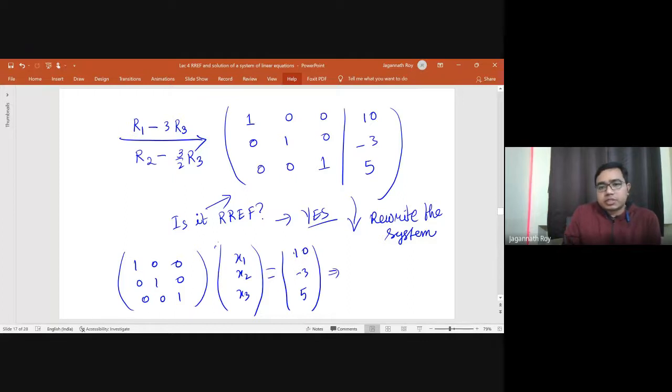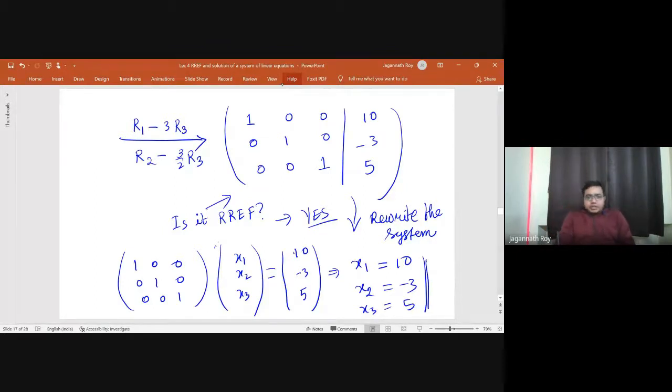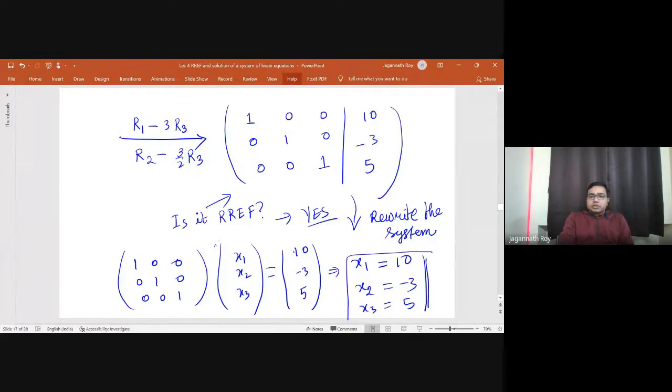So if you just write down the system, you can directly get the solution. System is reduced to x1 equals 10, x2 equals minus 3 and x3 equals 5. Now you can see that whatever you do, you are getting the same solution.